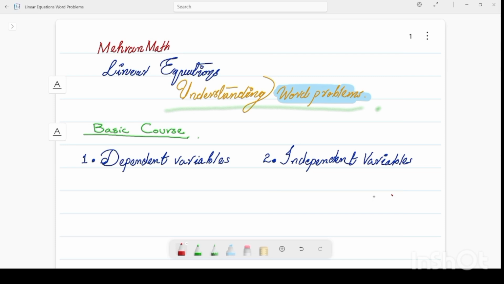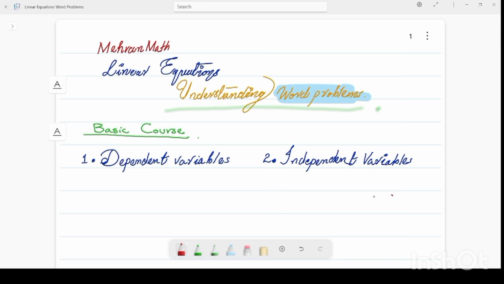Now we are starting with the concept. The basic course starts with two terms which are dependent variables and independent variables. What dependent and independent variables are is actually about the sentence structure which usually comes in these word problems. So we'll see what type of variables are dependent and what type are independent.